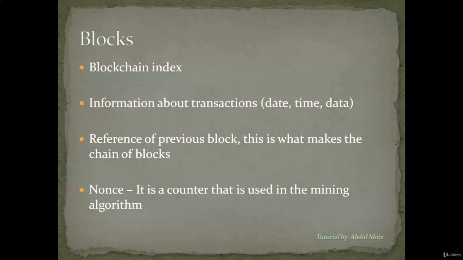Next, it stores the previous block hash value, that is the reference of the previous block. This is what makes the chain of blocks or information. And it also stores a nonce value. Nonce is a counter or integer value that is used in the mining process and mining algorithms. So once data is entered in the blockchain, it is hard to tamper with due to the blockchain's nature.